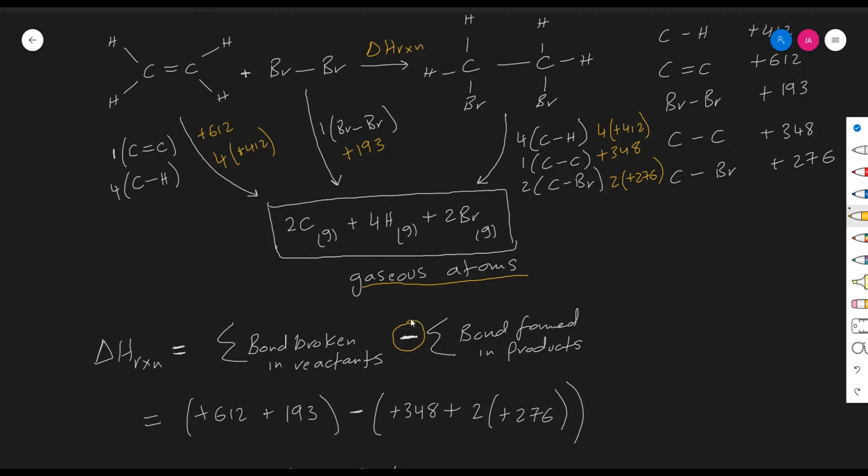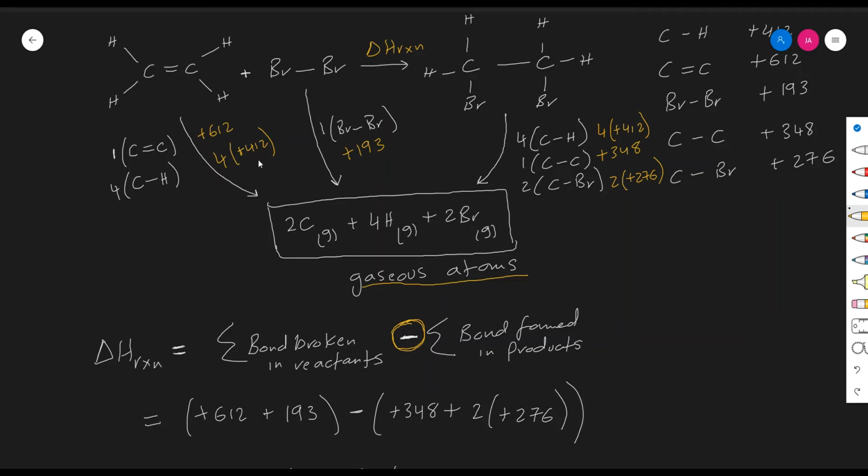This negative sign here is placed to change the bond breaking values obtained from the data booklets as endothermic values into exothermic bond forming values in the products. And thus normally what you would do is calculate the bond enthalpies broken in the reactants and subtract them from the bond enthalpies formed in the products, as stated here.